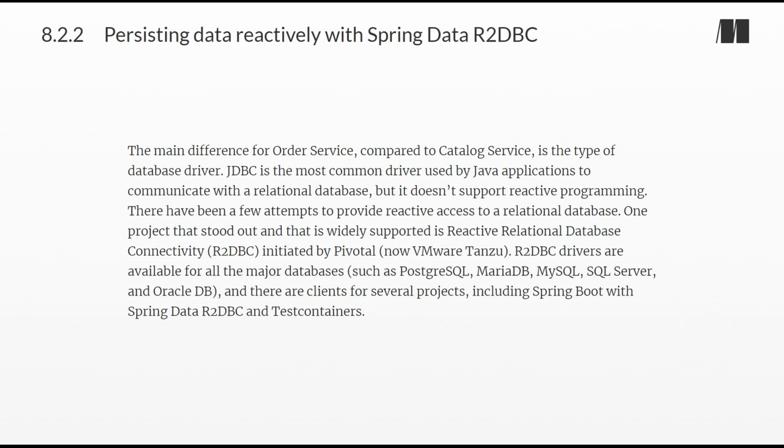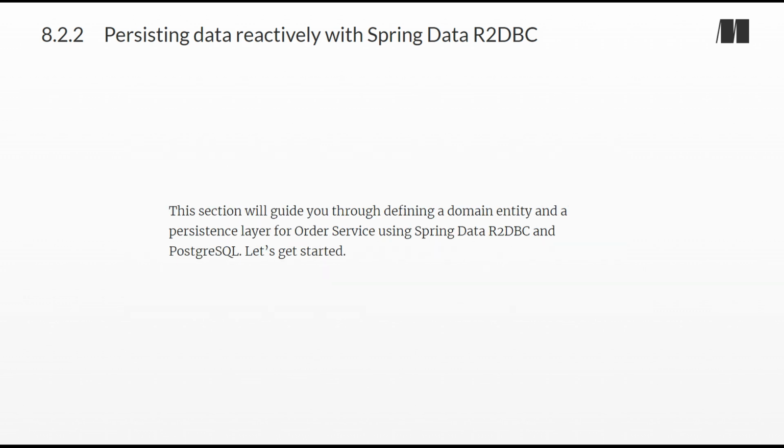R2DBC drivers are available for all the major databases, such as PostgreSQL, MariaDB, MySQL, SQL Server, and OracleDB, and there are clients for several projects, including Spring Boot with Spring Data R2DBC, and Testcontainers. This section will guide you through defining a domain entity and a persistence layer for Order Service using Spring Data R2DBC and PostgreSQL. Let's get started.